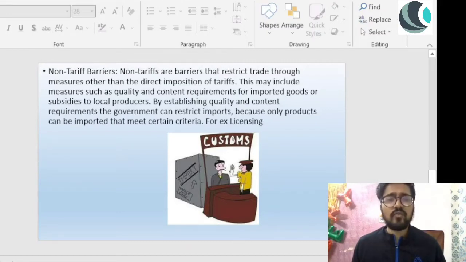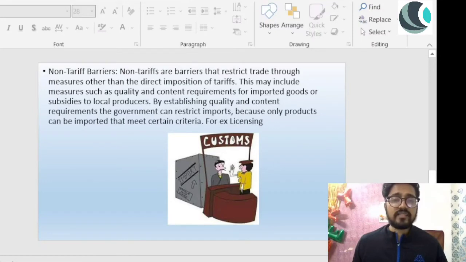So these are a few methods under non-tariff barriers that you can use to impose trade barriers. I gave you an example of licensing: you can license the import of particular products, or you can incentivize your domestic products by giving them subsidies, or you can limit the quota of importing that particular product or goods.